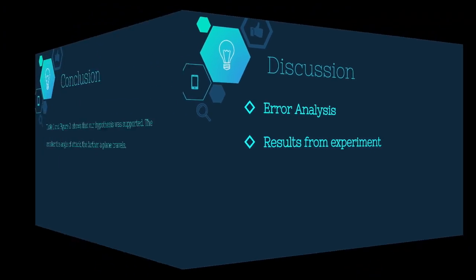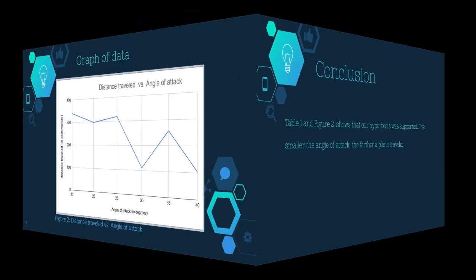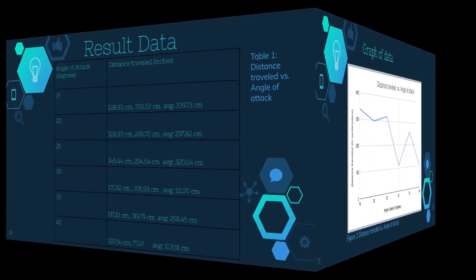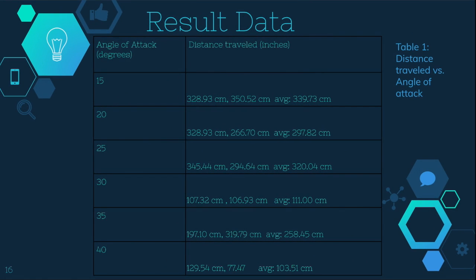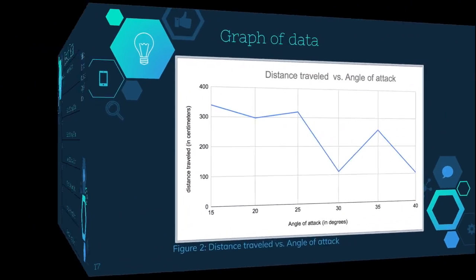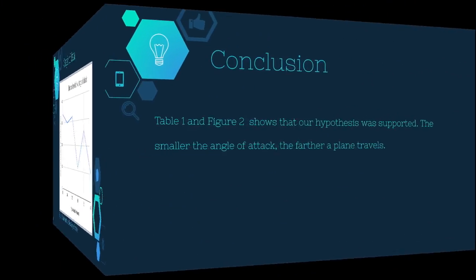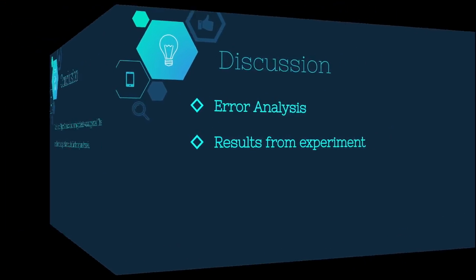In the data table, the start shows a distance of 339.73 centimeters for 15 degrees of angle of attack. While at 40 degrees, you can see the distance traveled has significantly decreased to 103.51 centimeters.